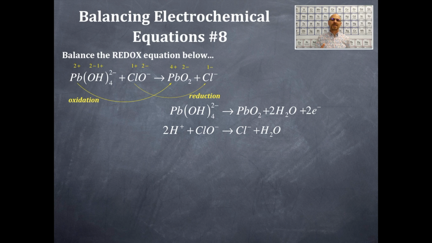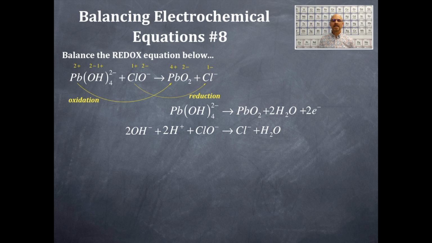First, you balance it like it's in an acid solution, like that's what I have done up to this point. Now what you're going to do is add an equivalent number of hydroxides as you have hydrogen ions. So on the reactant side, on the reduction half reaction, I have 2 hydrogen ions. So I'm going to add an equivalent number of hydroxides to that same side. 2.